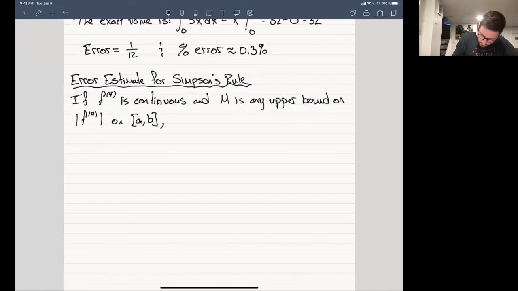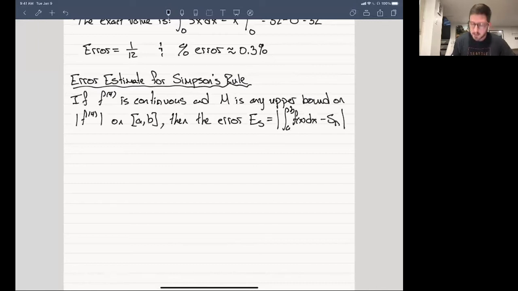Then the error E_S, which is the difference between the actual integral minus the n-step Simpson's rule, with n even steps, so it has to be an even number to do this, satisfies the inequality.